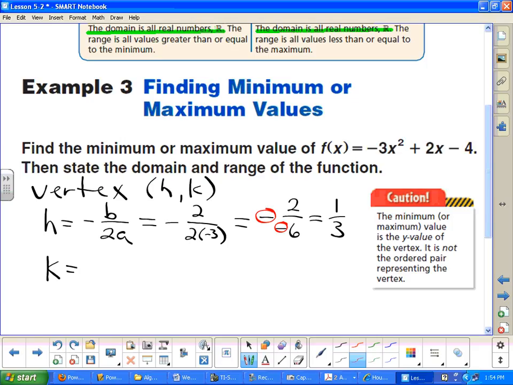Okay. So to find k then, I have to take the value of x and put it in to find that. So I've got negative 3 times 1/3 squared plus 2 times 1/3 minus 4.